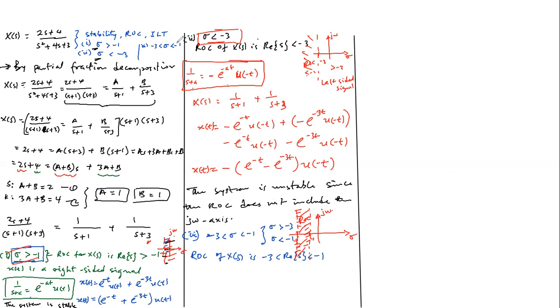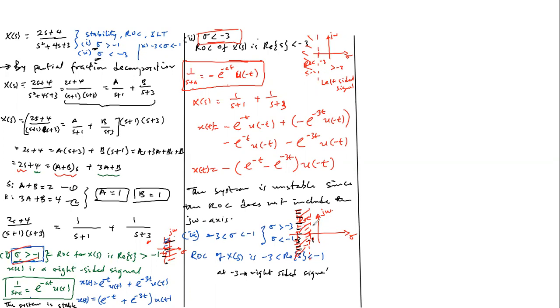And you will see that at minus 3, it is right-sided. It's greater than minus 3, so at minus 3 we have a right-sided signal.